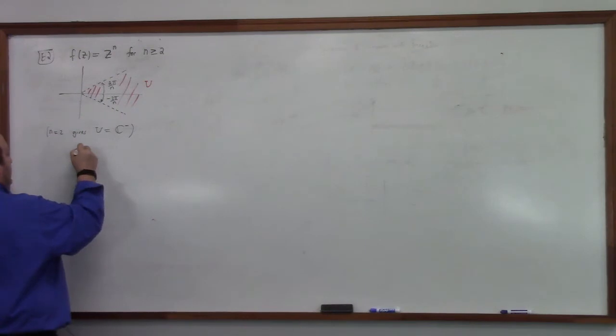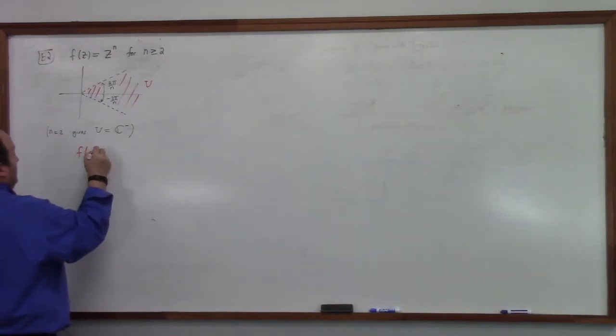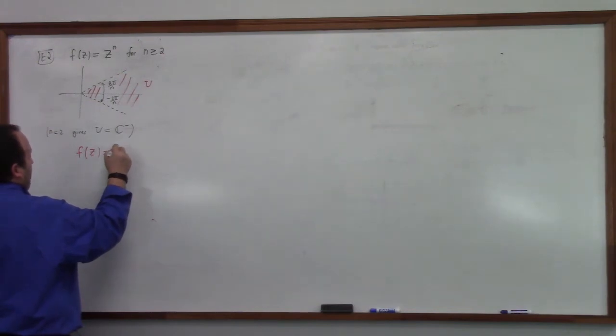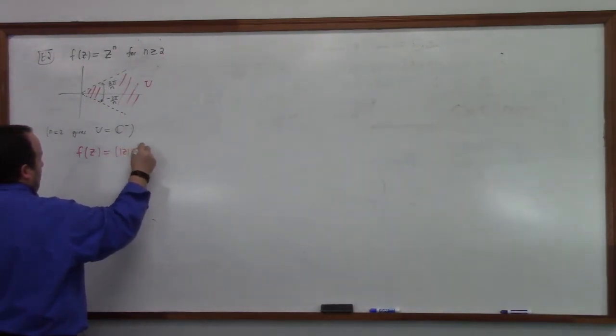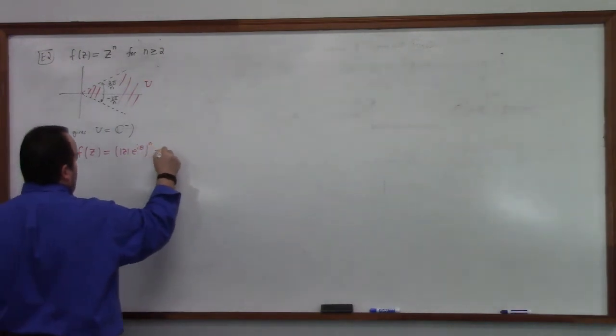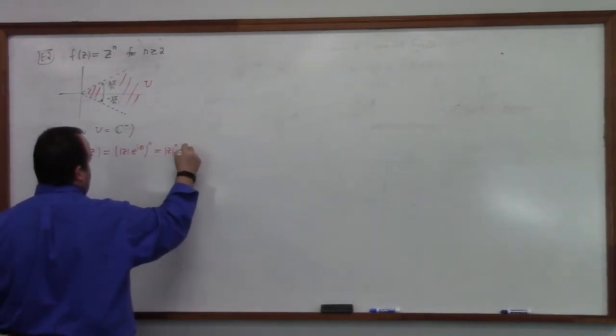And if we look at f of z equals z to the n, let's look at modulus of z times e to the i theta, to the n, we get modulus of z to the n, e to the i n theta.